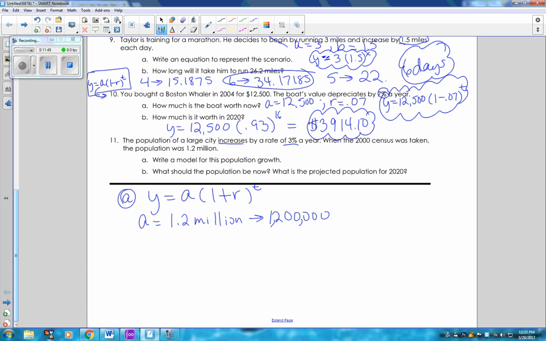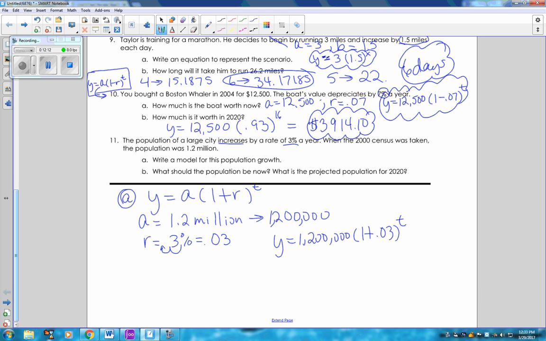And your rate, R, is 3%. Remember to move your decimal 2 places to the left, so that's 0.03. And now I'm going to put that into my model. Y equals 1,200,000 times 1 plus 0.03 to the t power.